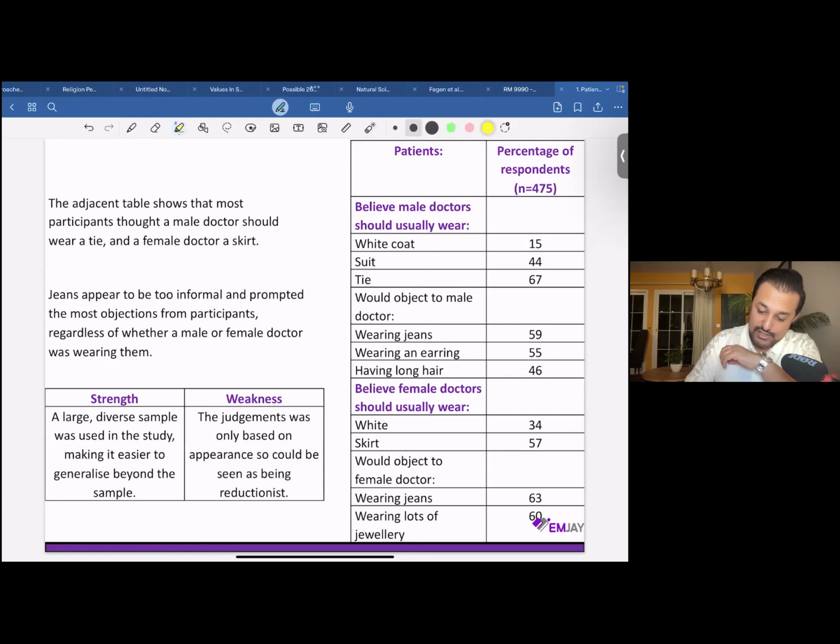Now, the adjacent table, we're talking about this table over here, shows that most participants thought a male doctor should wear a tie and a female doctor should wear a skirt.